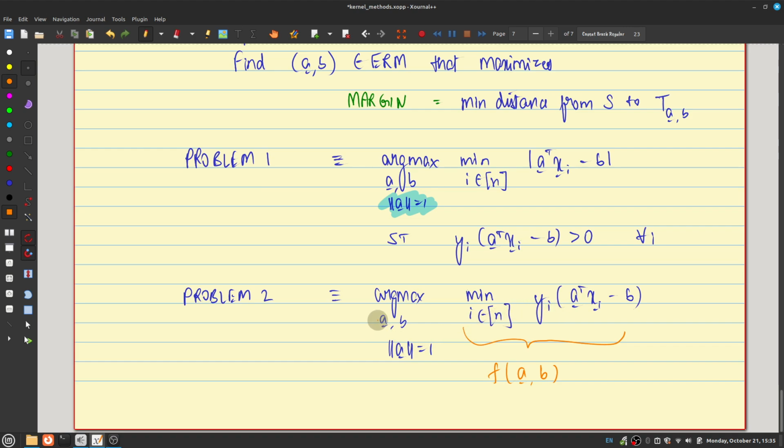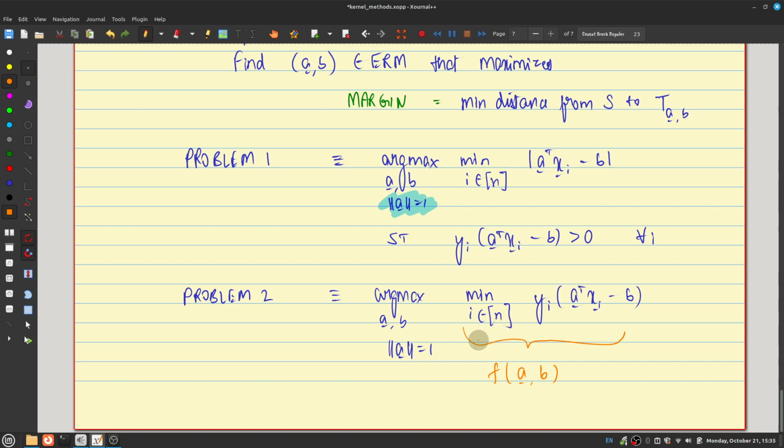So for an arbitrary a comma b, if yi times a transpose xi minus b is greater than 0 for all i, then this quantity gives me the distance between the training set and the hyperplane defined by a comma b. But now I don't have these constraints anymore.